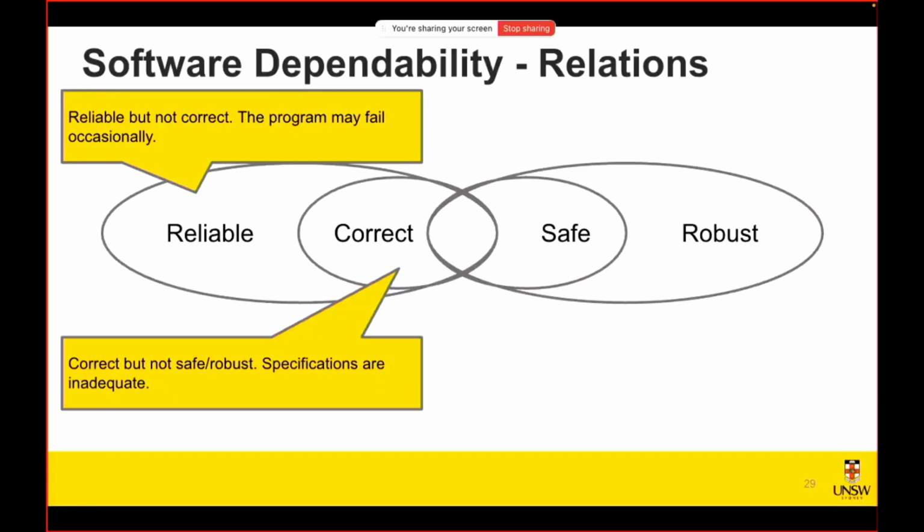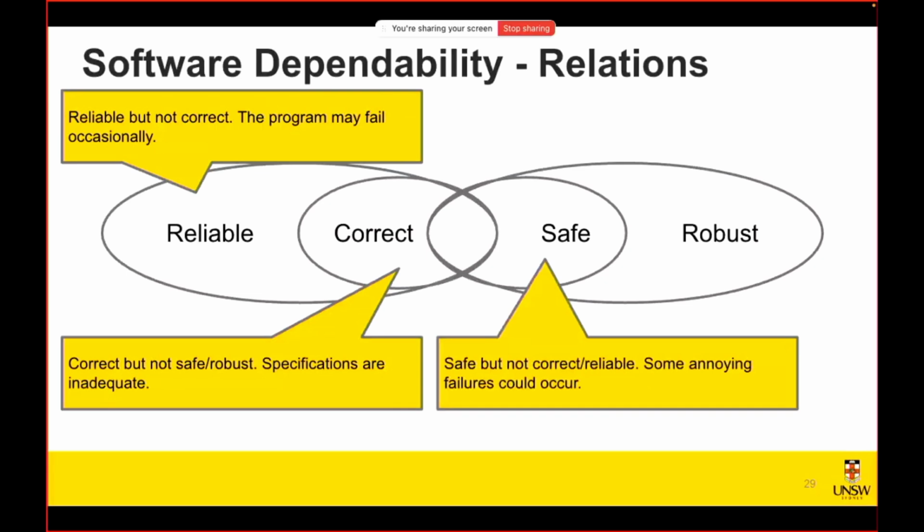They can't write such detailed specifications. So the buffer overflow happens, and that's why the OpenSSL example is correct but not safe. And that's because of the flaw in the specifications.